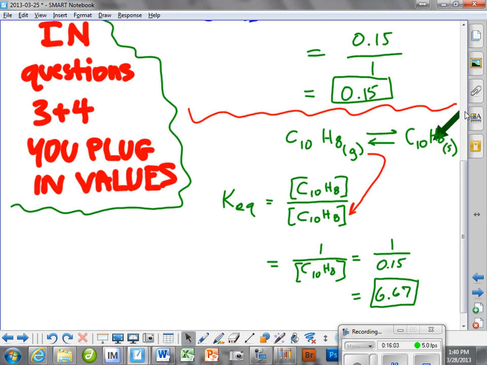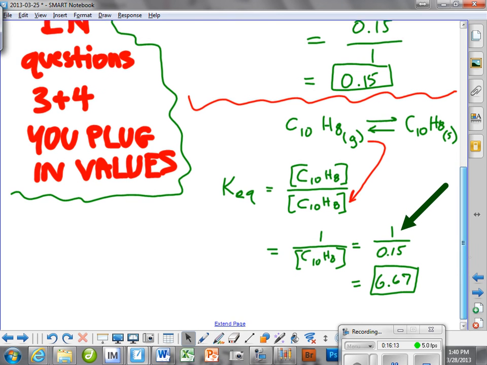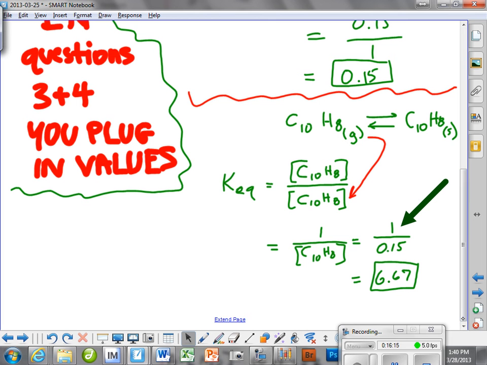Solids become 1, as do liquids, pure liquids. And that's one of the things that's always common with heterogeneous: a solid or a liquid in there somewhere. Okay, does that make sense now?